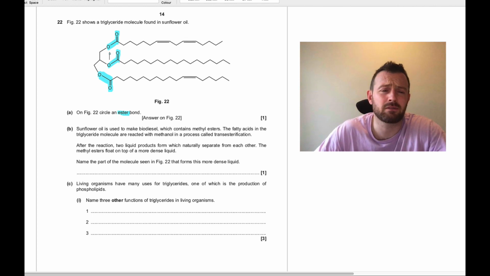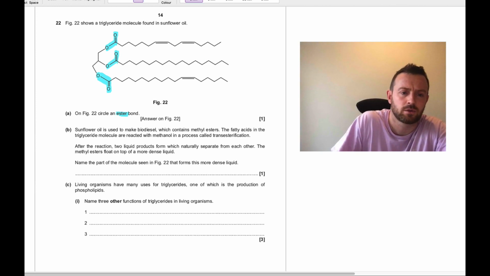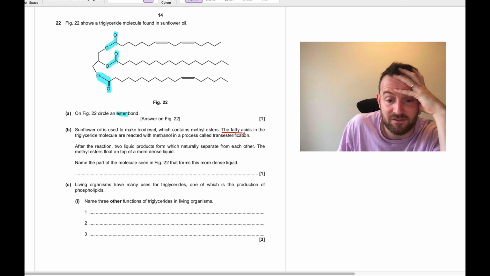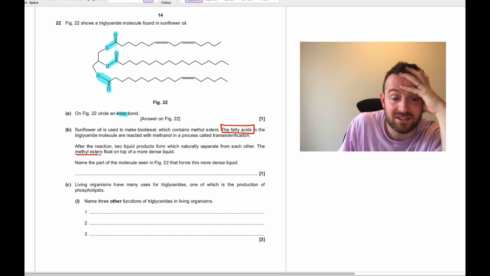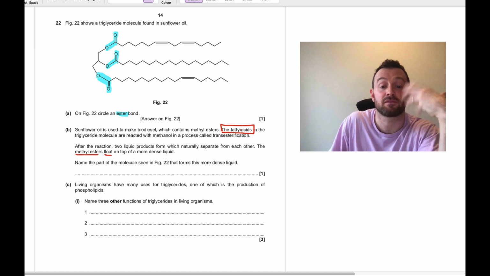Well, this is a really, really complicated way of asking you what is in a fat. They really tried to make this confusing for you. What it says is the fatty acids react, and then they become methyl esters, and then they float.